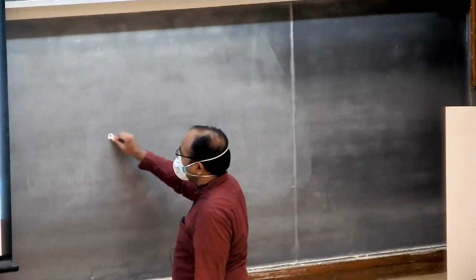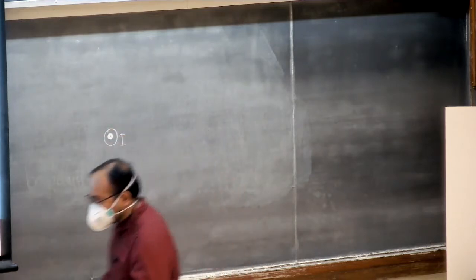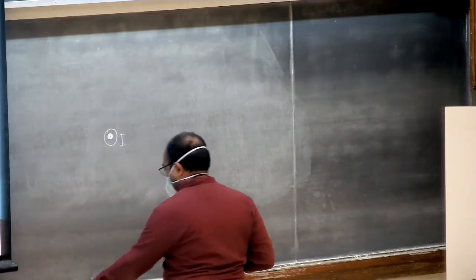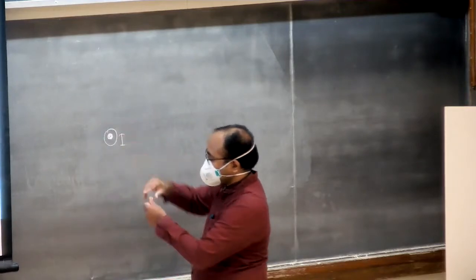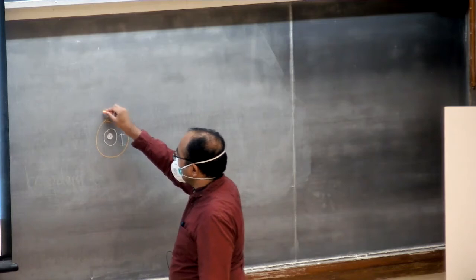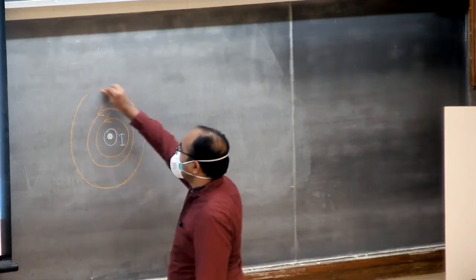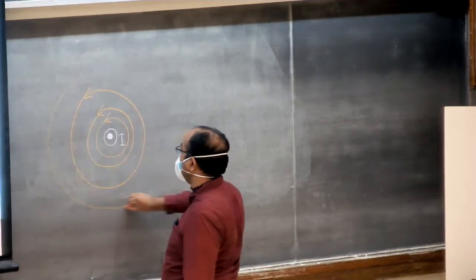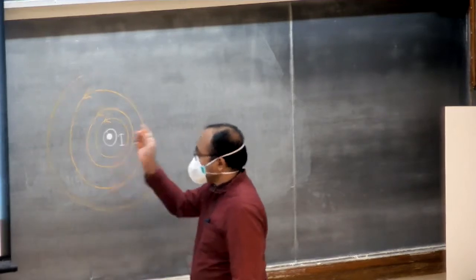So right now we have, say, this is the current. In fact, let's get some color so we don't get confused. I'll use orange for the field produced by this current. So it's going to wrap around, like that.